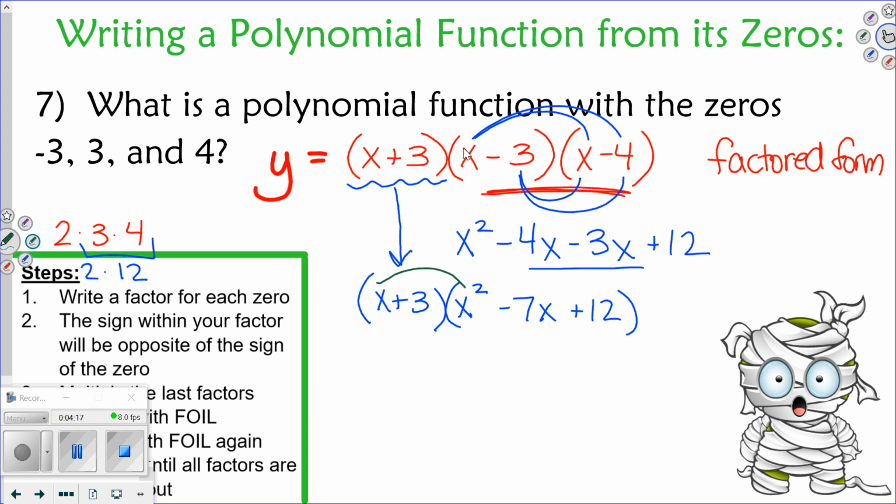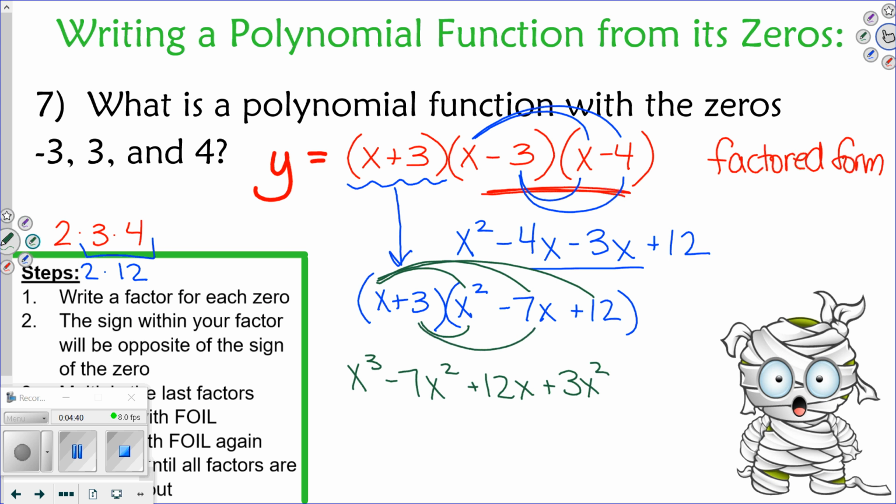So x times x squared. X times -7x. X times 12. Positive 12x. I still have to distribute the 3 through. Plus 3x squared. 3 times -7x. -21x.